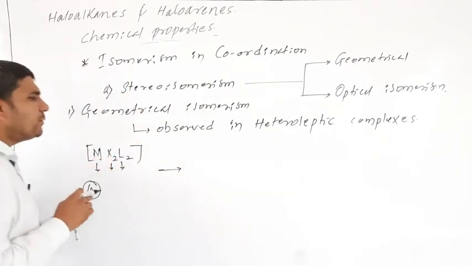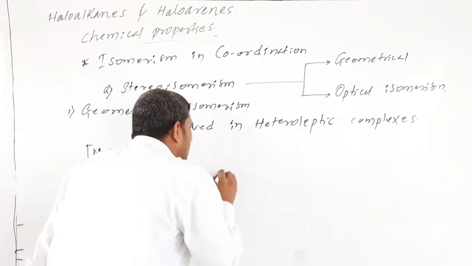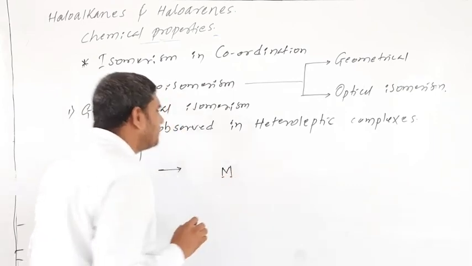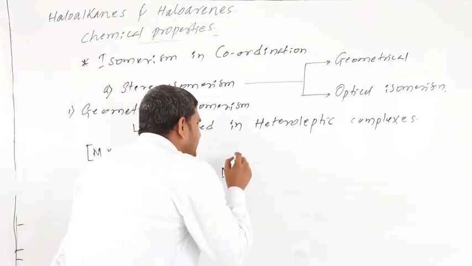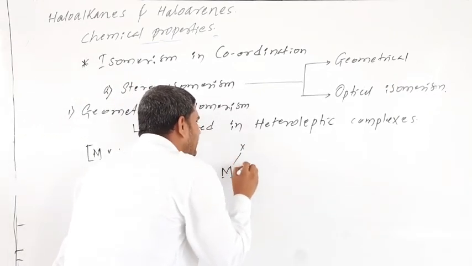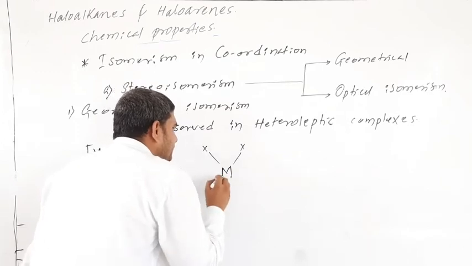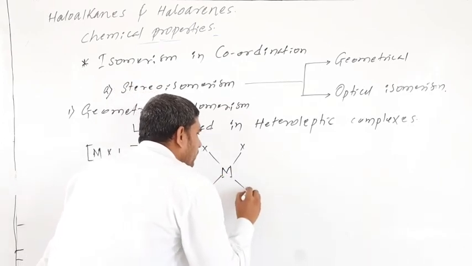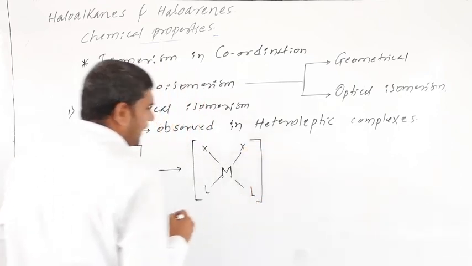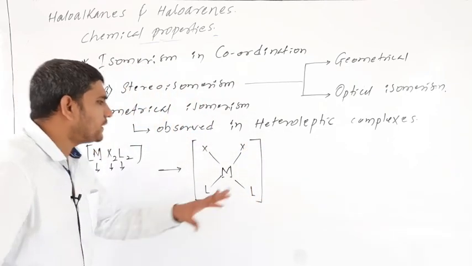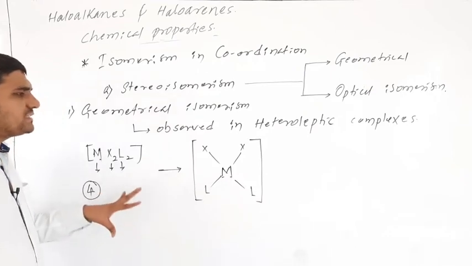Okay, over here it shows us geometrical isomerism. How to write geometrical isomers of a complex of the type MX2L2? Listen carefully. If two same ligands are present on the same side, this is a square planar. Listen carefully, one more thing. I am going a little fast, but try to understand. It's very simple.